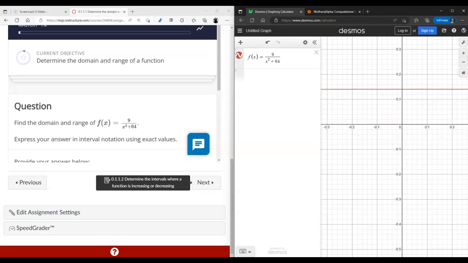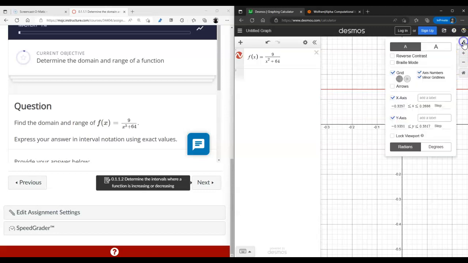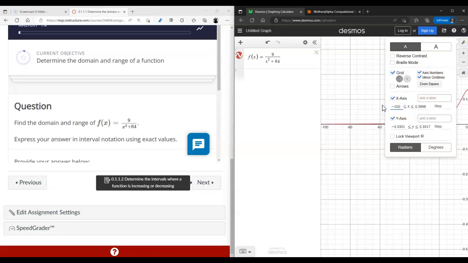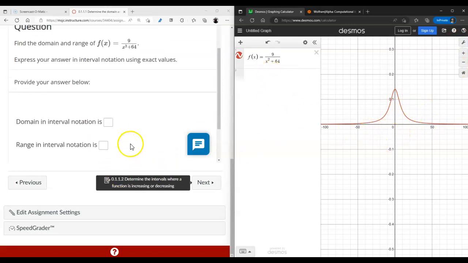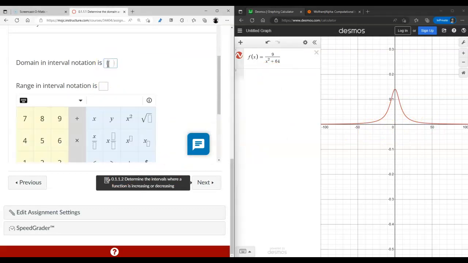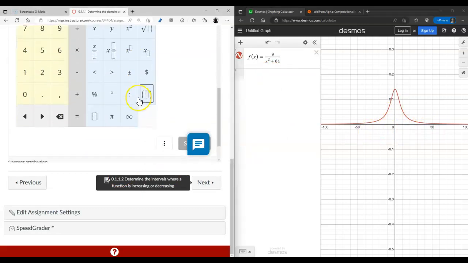However, if you just zoom in and change the x values, let's say from negative 100 to positive 100, you'll be able to see the graph of this function better, right? So this is what it looks like, and it looks like the domain of this function is defined for all the x values. So the domain of this function is all real numbers.